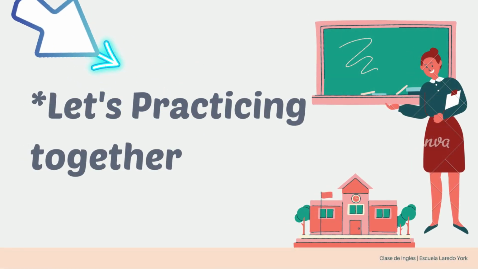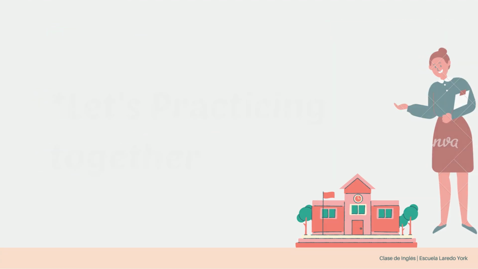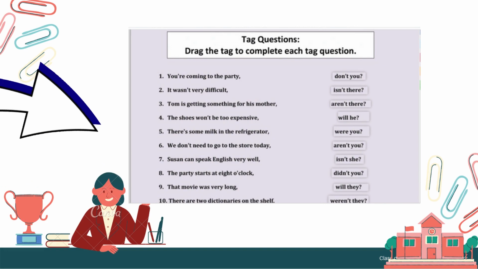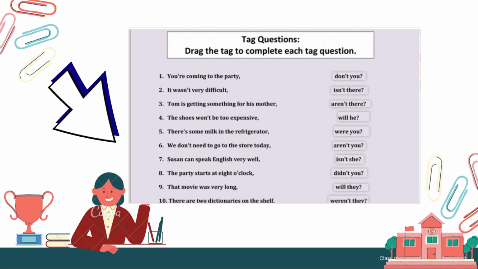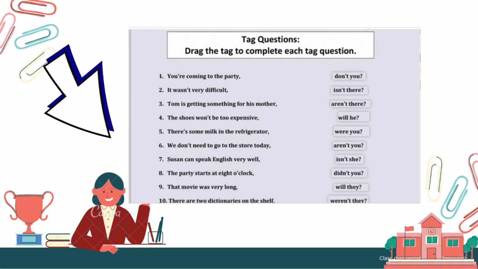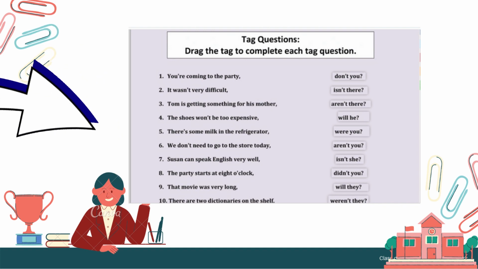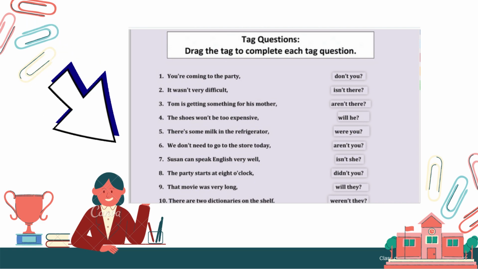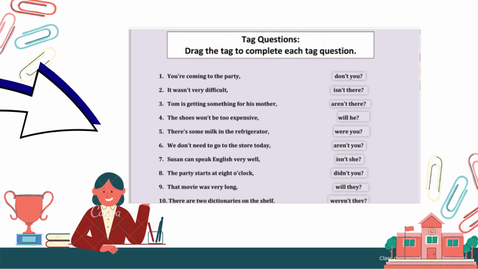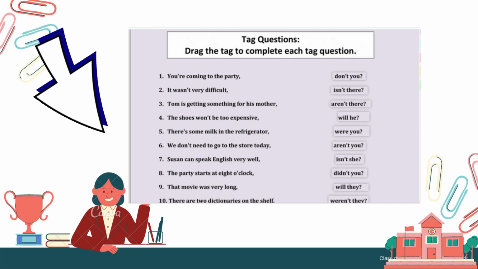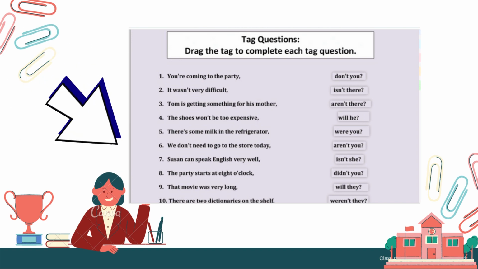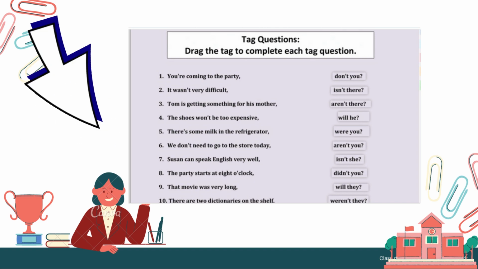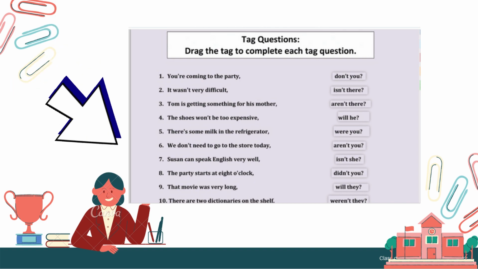Now, guys, let's practice together. Okay, here we have a worksheet. In this case, you have to drag the tag to complete each tag question. The first one says, "You're coming to the party." If you observe, the first sentence is in present continuous.